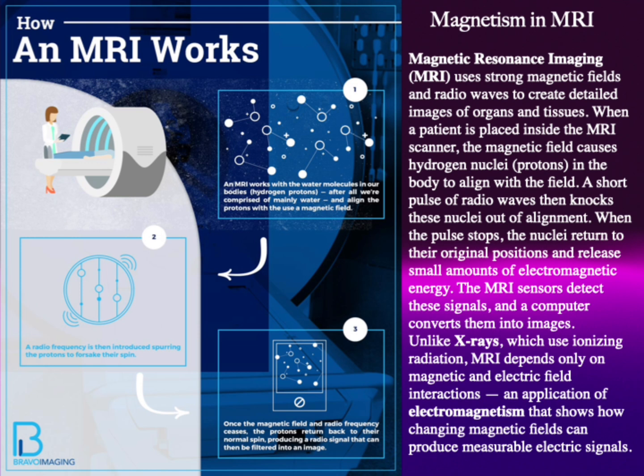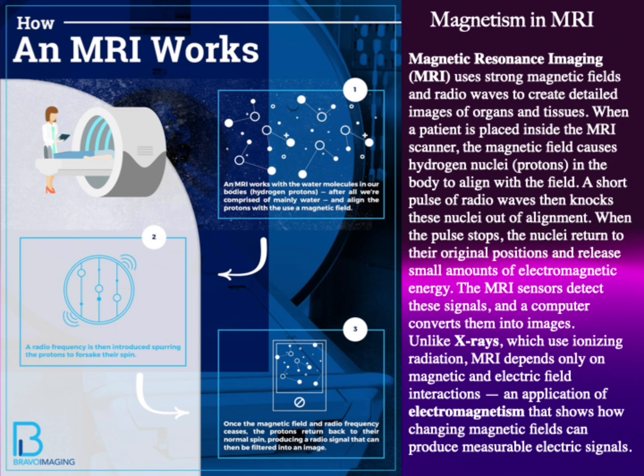The magnetism in MRI. Magnetic resonance imaging, which we call MRI, uses a strong magnetic field and radio waves to create detailed images of organs and tissues. When a patient is placed inside the MRI scanner, the magnetic field causes hydrogen nuclei in the body to align with the field.